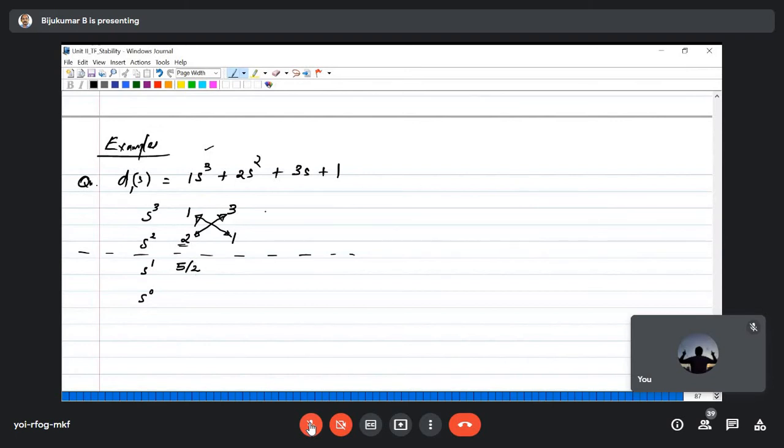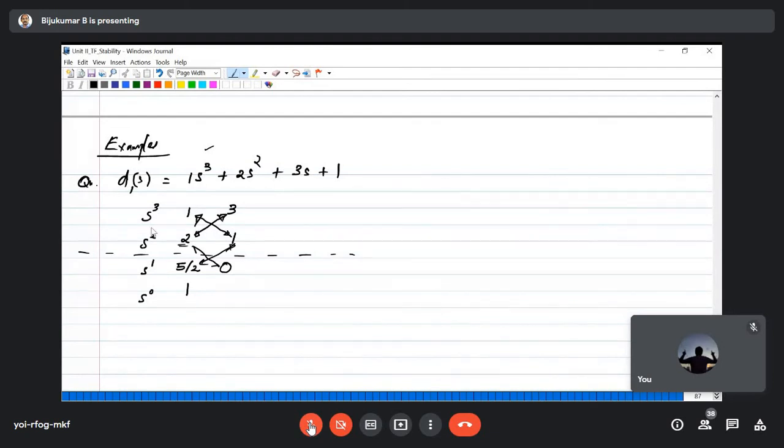Right? Since there are no coefficients after this, this can be set as 0. Right? Here there is no element hereafter, so this will be 0. So how will you find out this? Just multiply this with this and minus this, right? So 5 by 2 into 1 minus 2 into 0, that is 5 by 2 divided by 5 by 2, it will become 1.